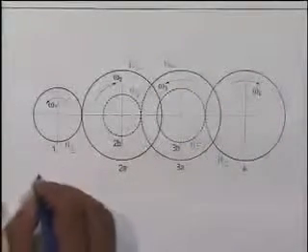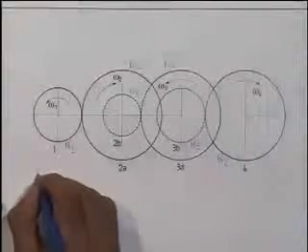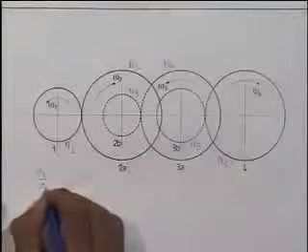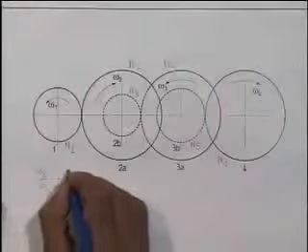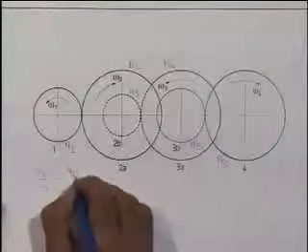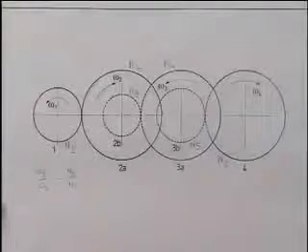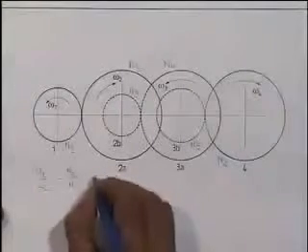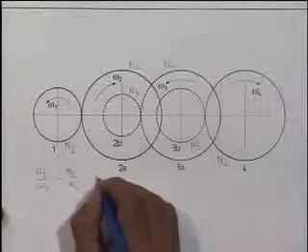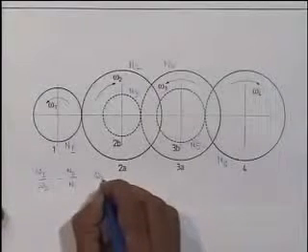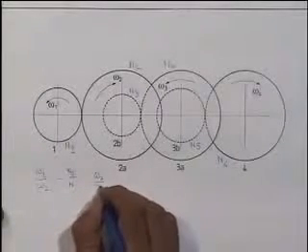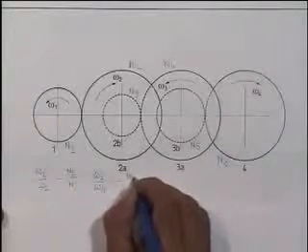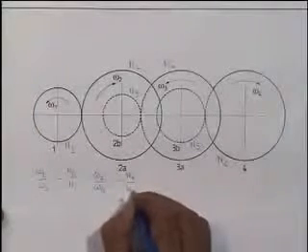Now here what I can write, omega 1 by omega 2 is minus N2 by N1. Now omega 3 is same as omega 2, and I can write omega 2 by omega 4 is minus N4 by N3.